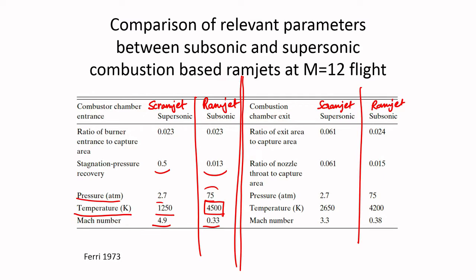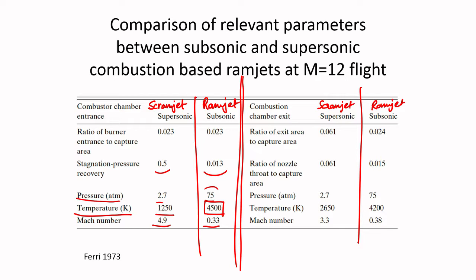So you cannot really add much thermal energy into the flow when you are operating your engine in a ramjet mode for a Mach 12 flight.